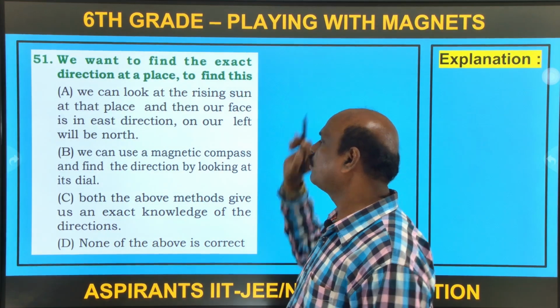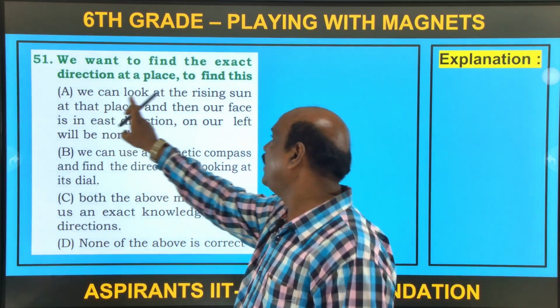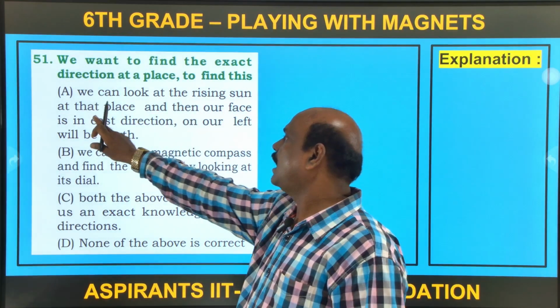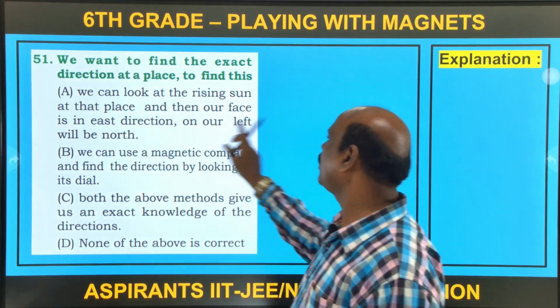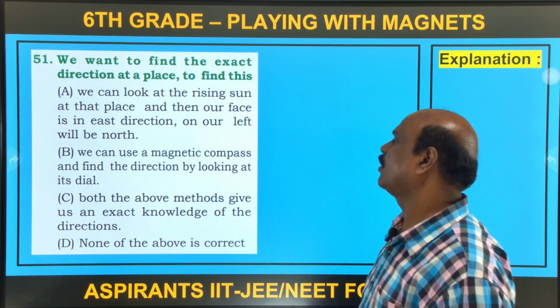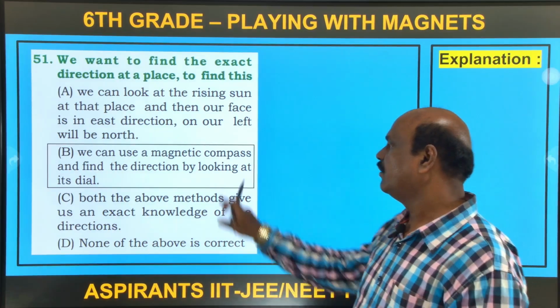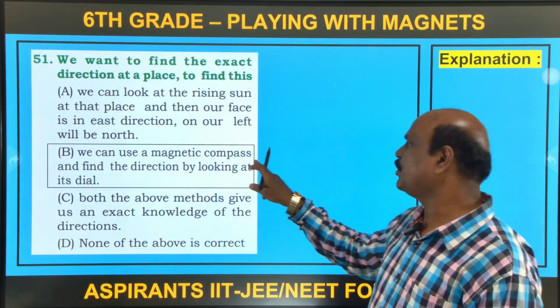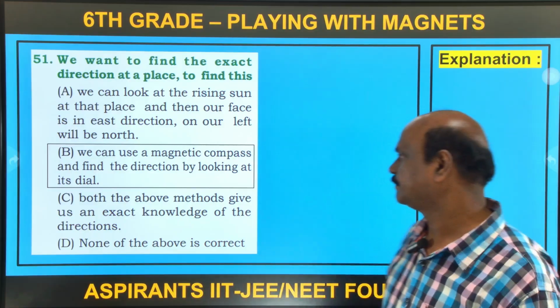What do we use? We can look at the rising sun at that place, and then our face is in the east direction and on our left will be north. We can also use the magnetic compass and find the direction, which is very simple. The compass can always be used, but the sun method can be used only based on the sun.